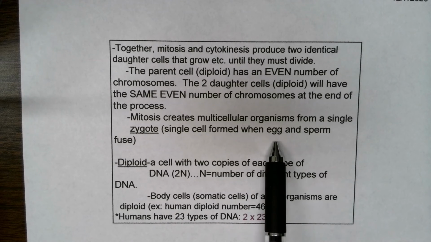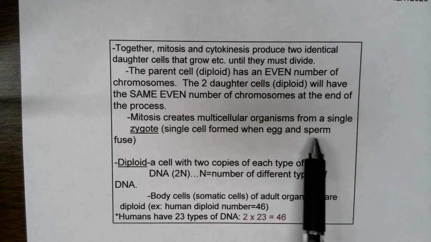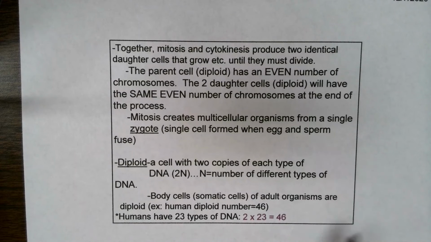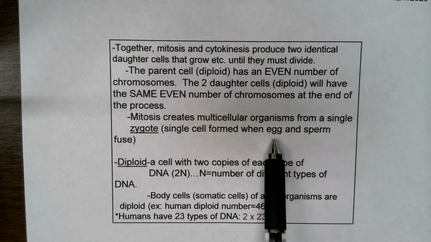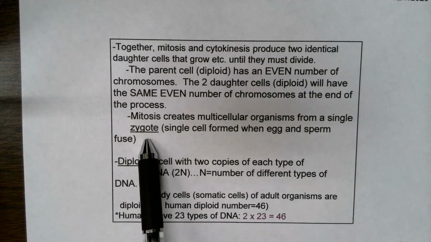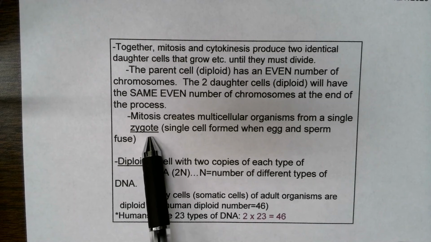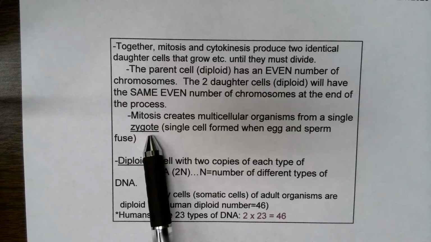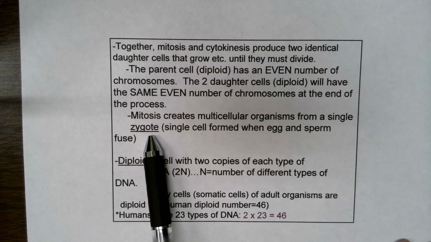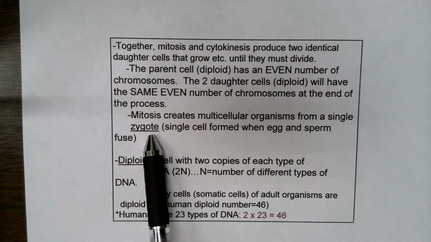And this is just for humans, sorry, I should have said that. When the egg cell has 23 chromosomes and the sperm cell has 23 chromosomes, 23 plus 23 gives you 46. Those fuse together to make a zygote. That zygote is a single cell that's going to grow and divide by mitosis to turn each organism, in the case of this example with humans, into a new multicellular human.